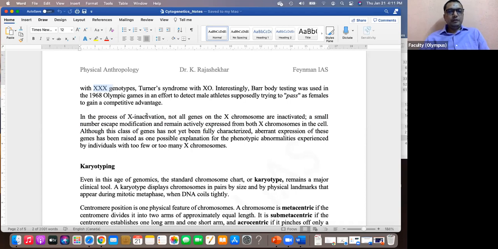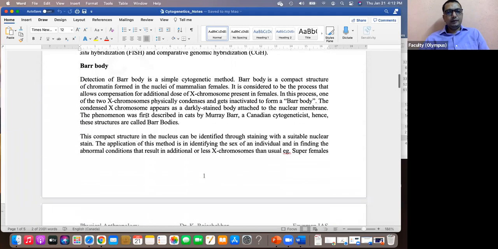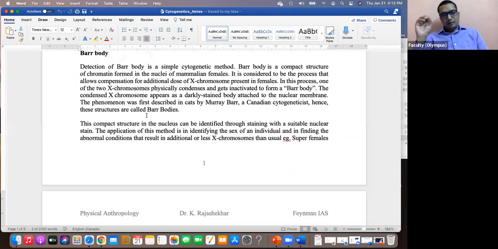Okay, right. This is briefly about the bar body concept. Is it clear? What is bar body? Bar body is the inactivated extra X chromosome. So where do we normally see it, in males or females? Females will contain bar bodies, not males.